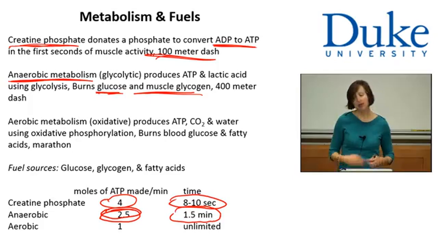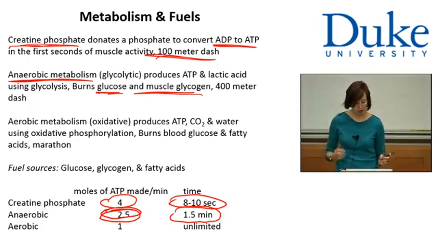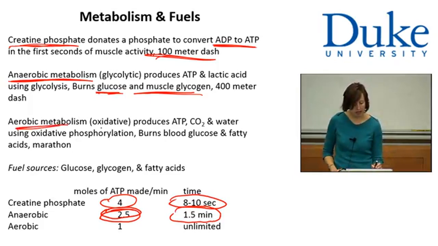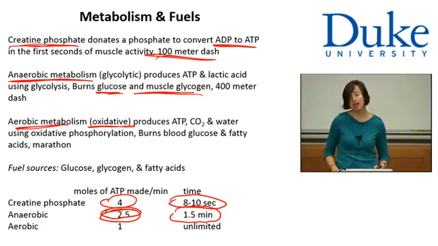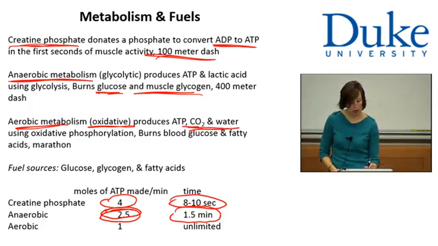After that, the more dominant pathways are going to be aerobic metabolism, meaning that they require oxygen, and this is going to be the most efficient pathway because you're going to completely oxidize fuels to CO2 and water.